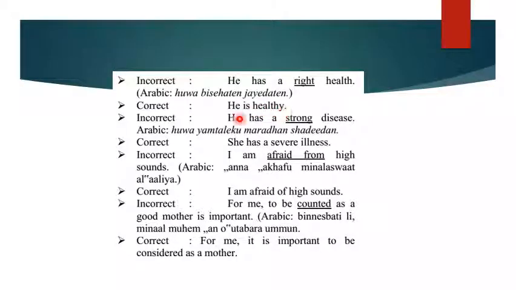He is healthy. Okay, he has a strong. This is another example. He has a strong disease. هو يمتلك مرضا شديدا. Okay, of course, strong disease, we don't have this in English. Okay, it is supposed to be a severe illness rather than strong disease.